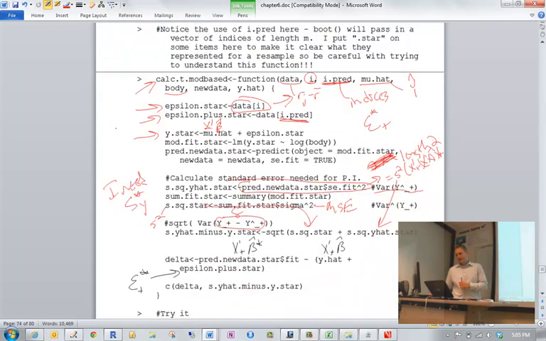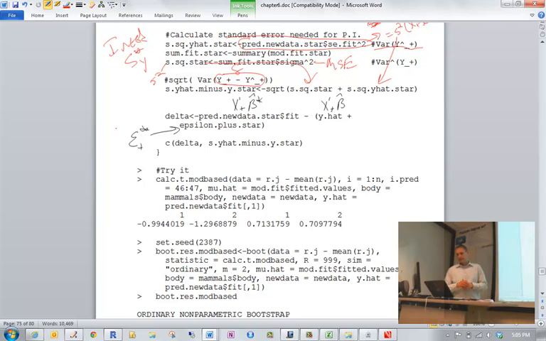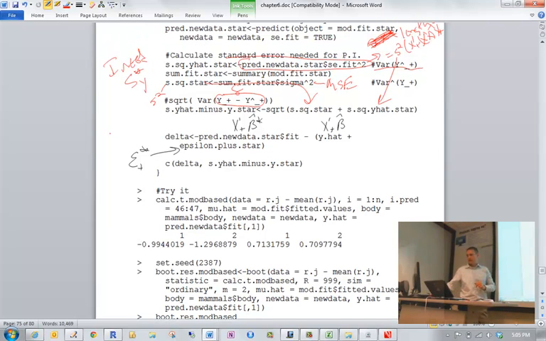Okay. This delta has two items in it as well, because I have two x's. So what's returned is a delta that has two items in it, and then the corresponding square root of the estimated variance of delta, which has two items in it as well. So I return 4 items overall.